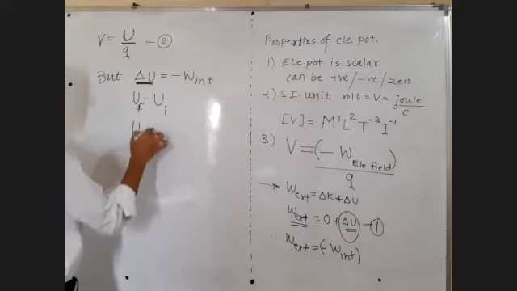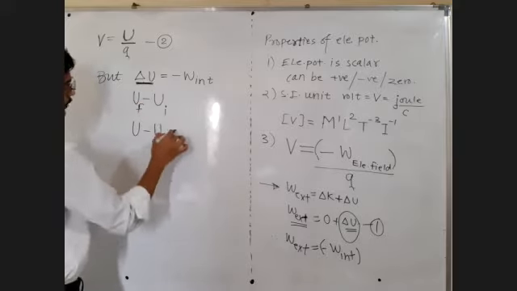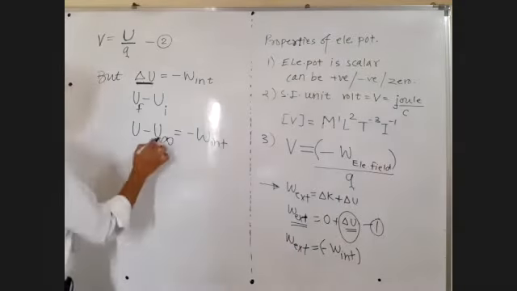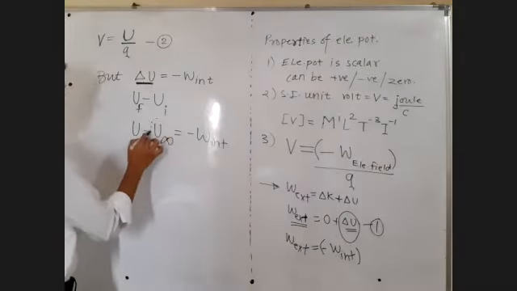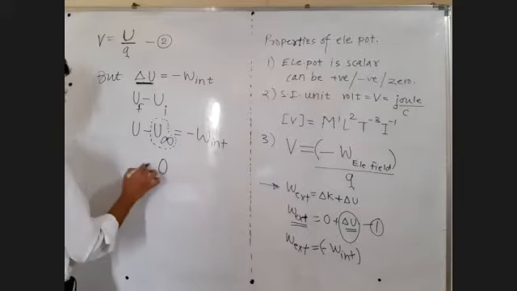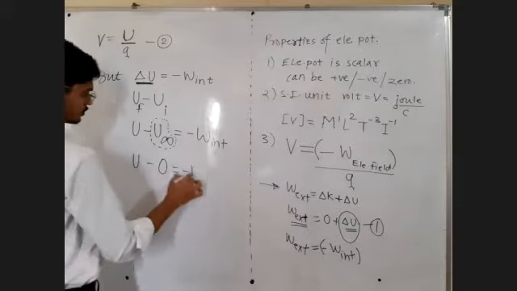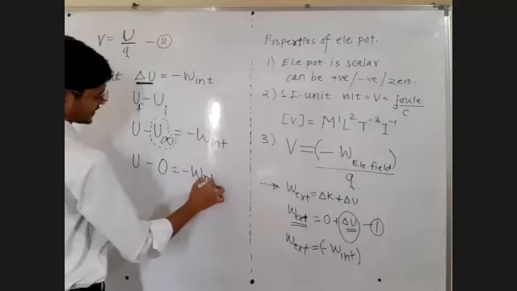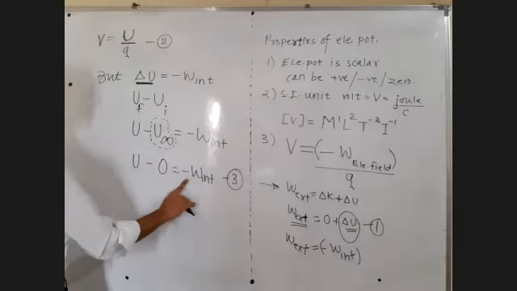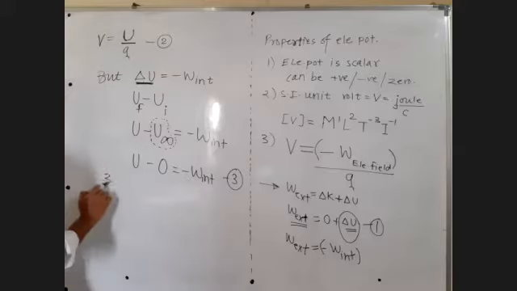Final is U. What is initial? Initial is infinity. The interaction energy of the system or given charge when the charge is at infinity is what? Zero. Okay, call all this equation number 3. Now you can replace this U by minus W internal.